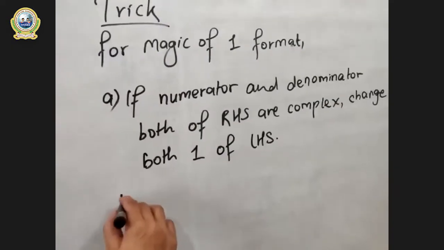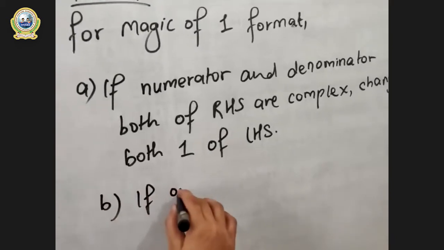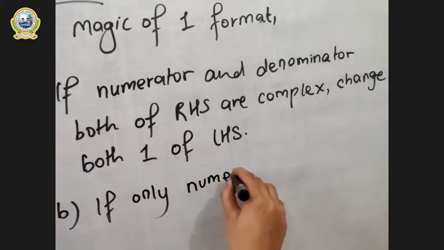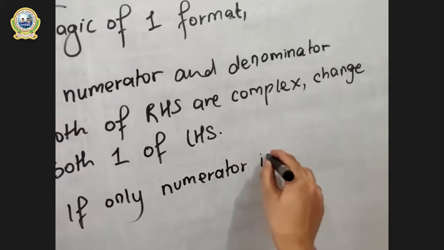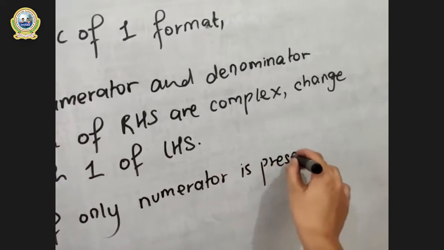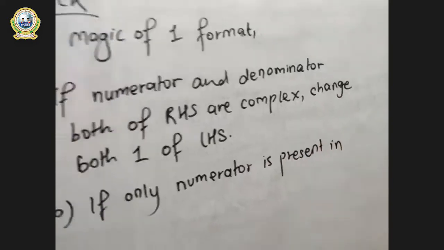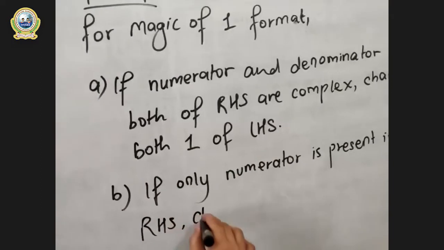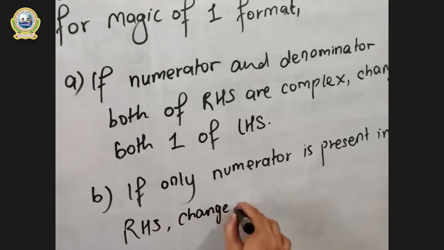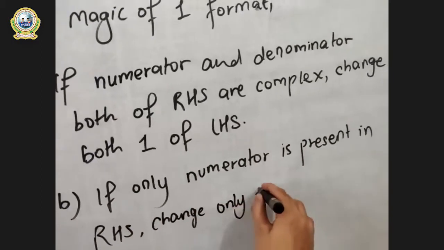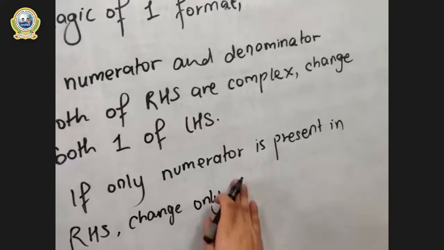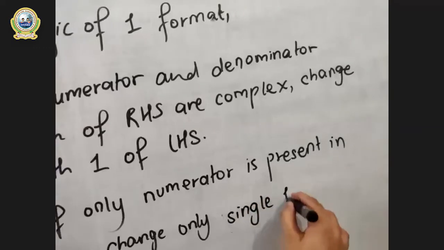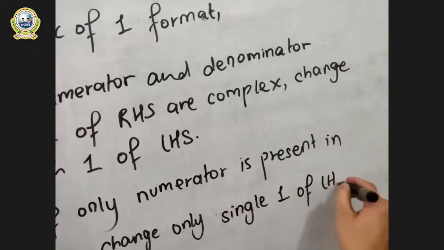And the second rule is: if only the numerator is present in RHS, change only the single one of LHS.